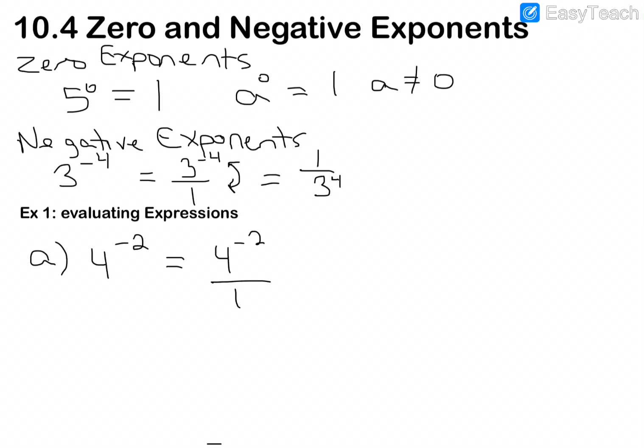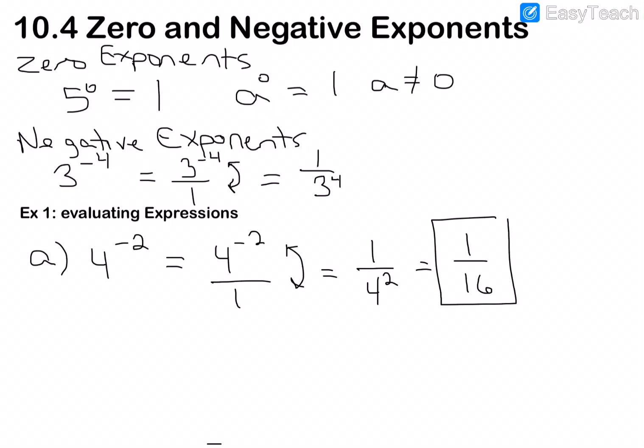I'm going to flip it and get 1 over 4 to the power of positive 2. 4 squared is 16. So my answer is 1/16. 4 to the power of negative 2 equals 1/16.